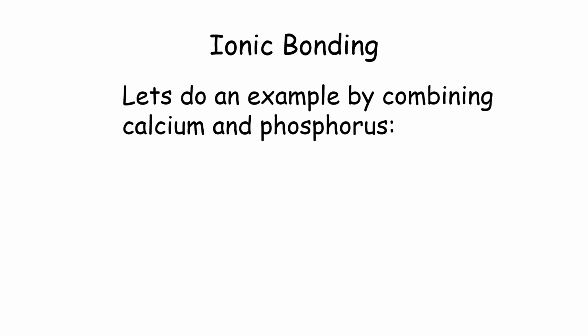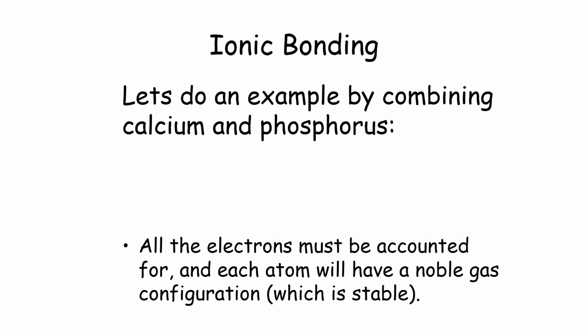Now, when we looked at that example of sodium and chlorine, it was pretty simple because sodium only had one electron, it was transferred to chlorine, and chlorine then had a complete octet. But sometimes it's not that straightforward. Let's say we are looking at an example between calcium and phosphorus.